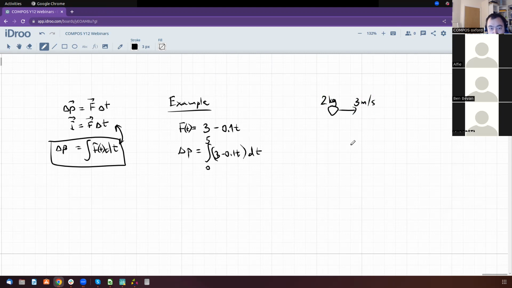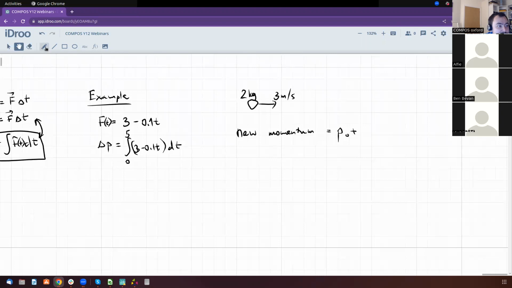You can find your new momentum as the initial momentum plus the integral.